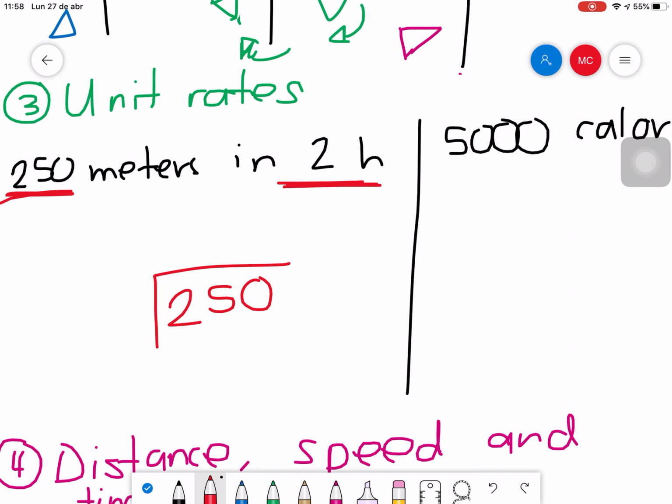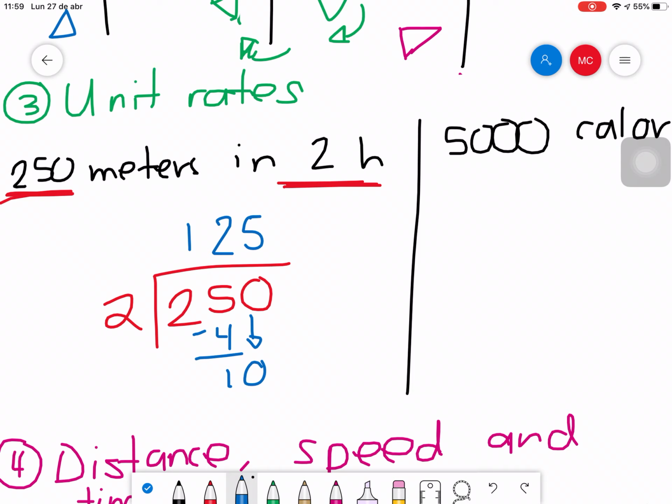So you just start dividing, and then you say how many times does 2 fit in 2? 1. How many times does 2 fit in 5? 2. 2 times 2 is 4. So 5 minus 4 is 1. I put down the 0. And I say how many times does 2 fit in 10? It is 5, right?